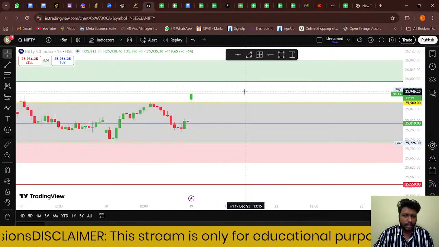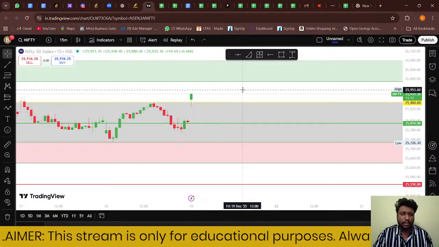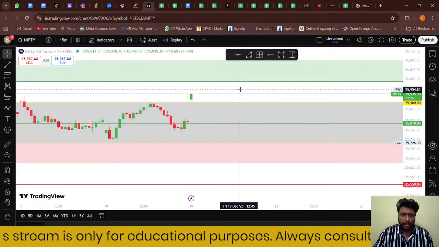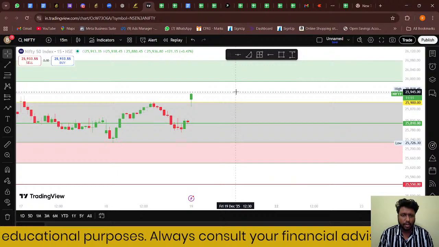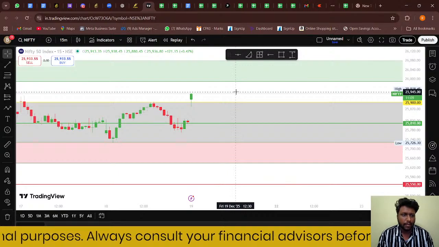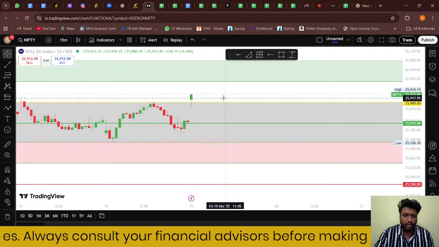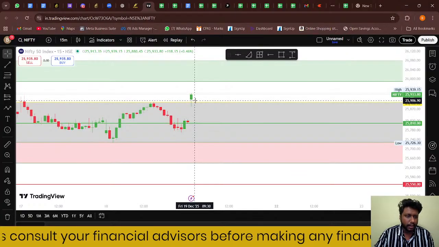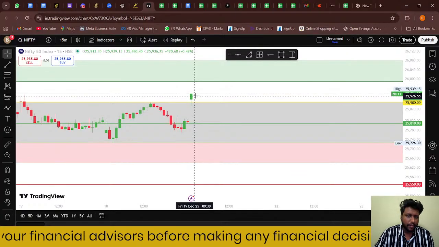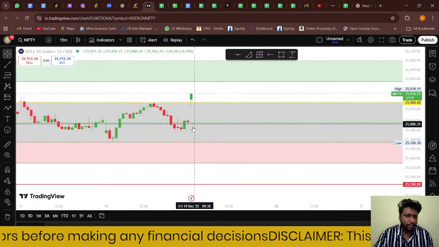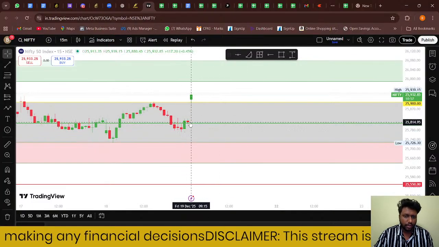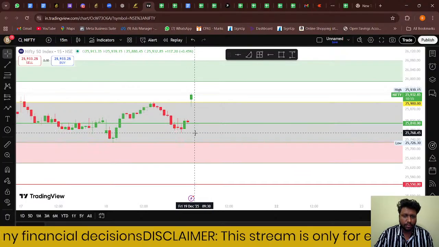But we should exactly identify whether the gap filling theory is supported by enough volume. If it is supported by enough volume, then definitely it will come and fill up the gap. We can take an entry from this particular start of the point and keep the high or swing high as the SL, and you can plan that gap filling theory over there. So you can target that gap to be filled.